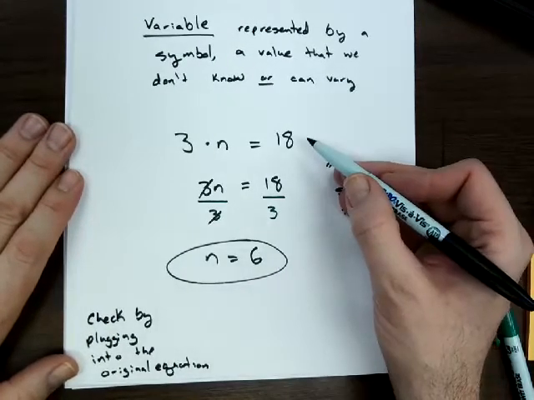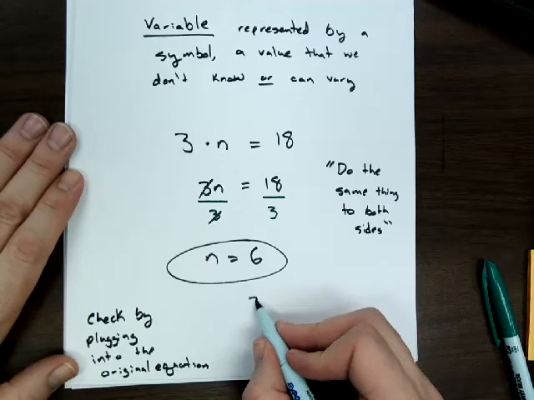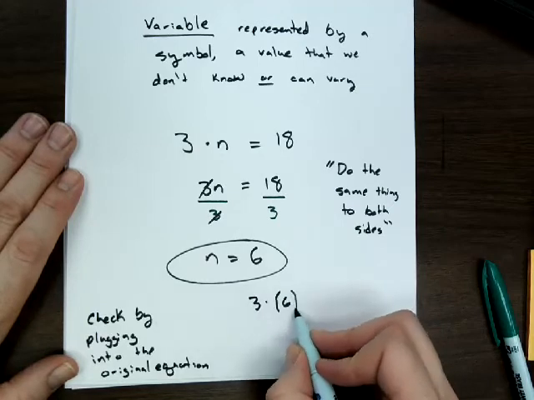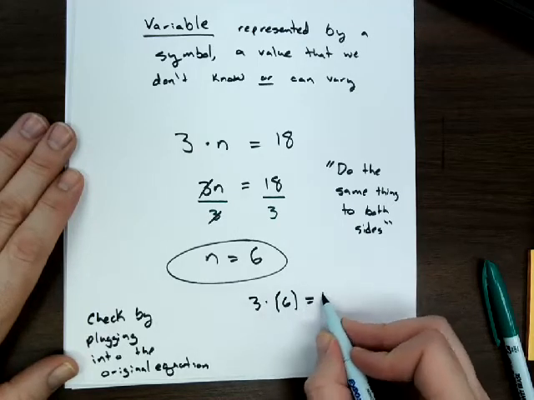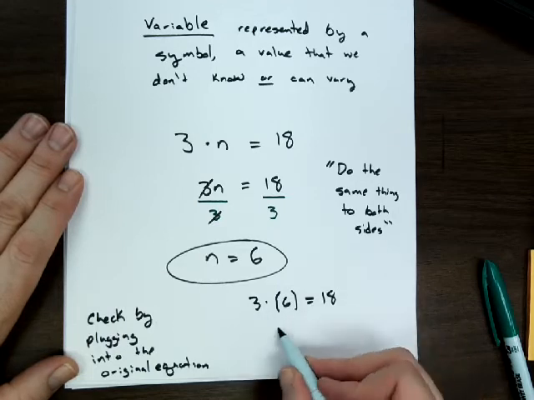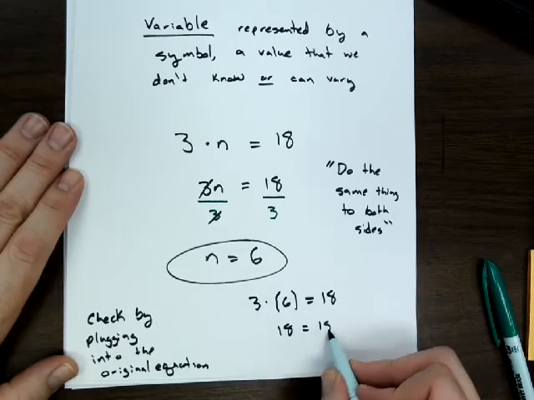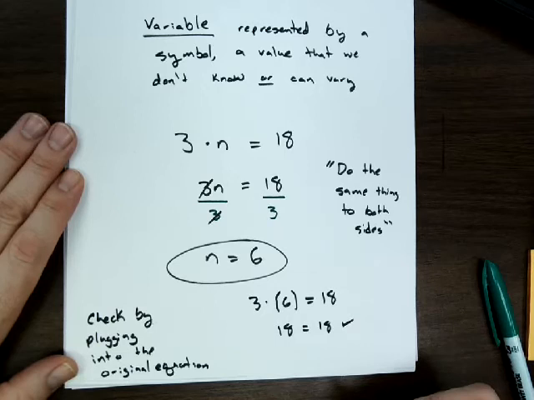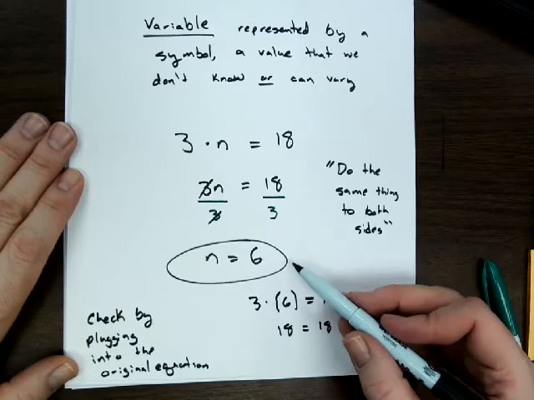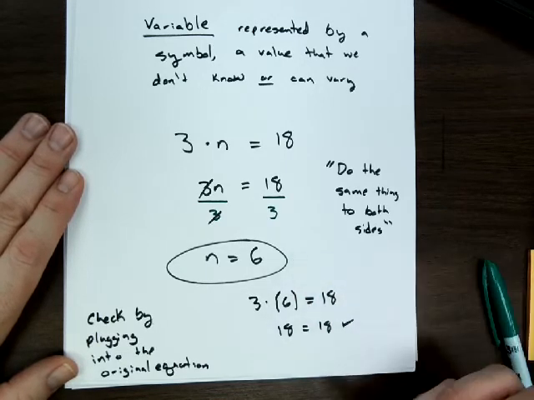We started off with 3 times n equals 18. Well, let's see if 3 times this 6 is in fact equal to 18. That looks like good math to me. 3 times 6 is in fact 18. Our answer checks out. Our answer is still 6 though. It's not 18. Answer is 6.